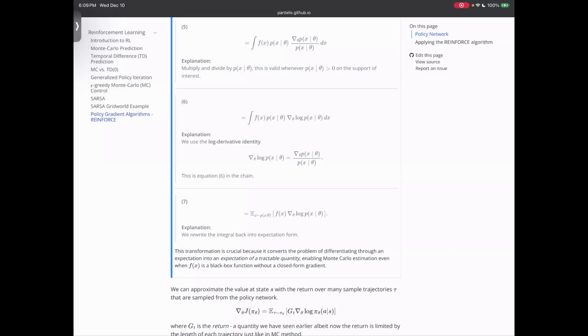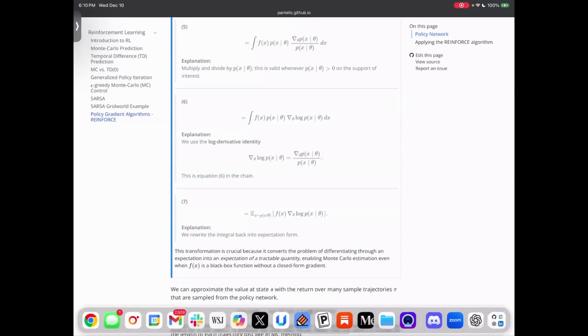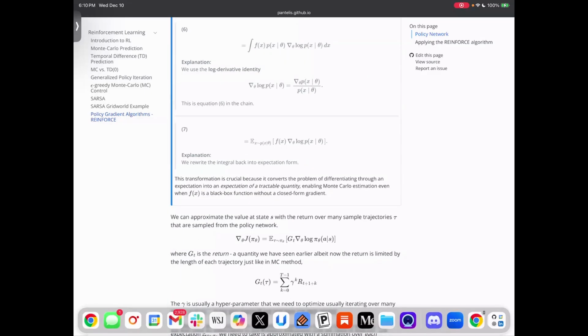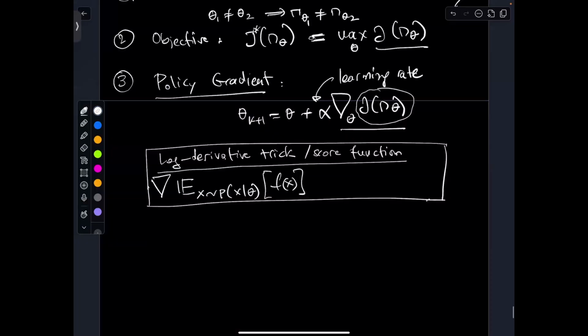The log of the probability distribution here is computable because it's differentiable. So this is an important trick, and effectively we are reaching this expression over here.